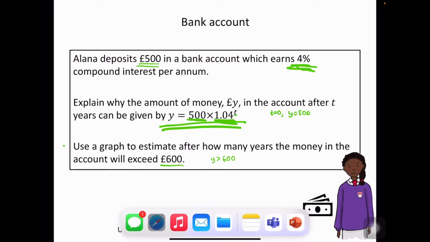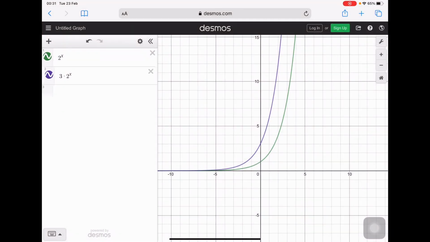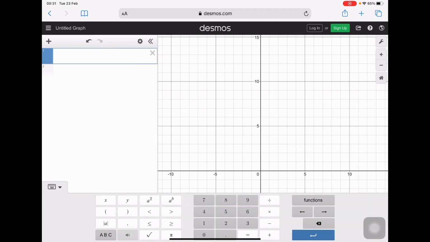Let's see how this looks. 500 multiplied by 1.04 to the power of, I'll write x because this deals with x and y. So yeah, it's not coming up. You write y equals.